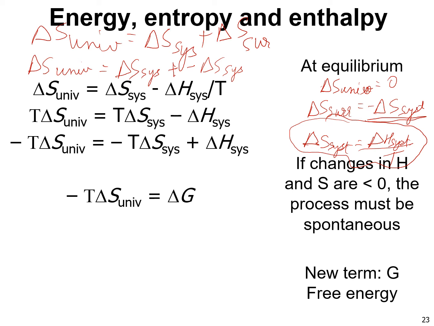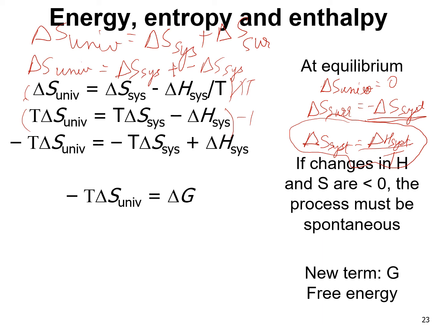So now I can replace this in the equation, which gives me delta S of universe equals delta S of the system minus delta H of the system divided by T. Now if I multiply both sides by temperature, that gives me this, correct? Then I multiply both sides by -1, and that gives me this right here.